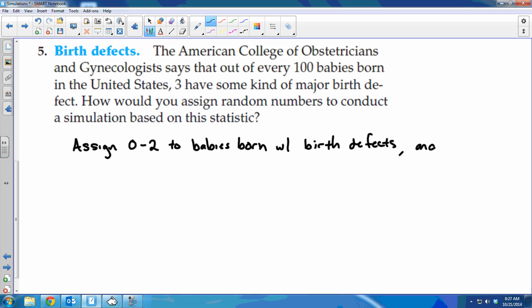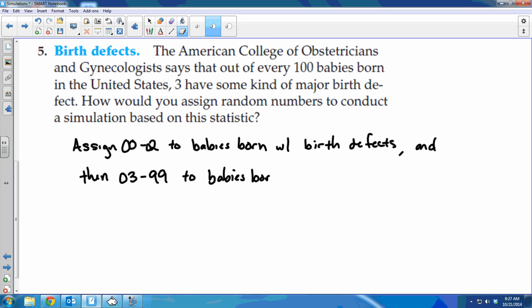And then what would you do with the rest of the numbers? Since we're going to use up to 99, you have to use double digits. So 03 to 99. Again, I don't know why I can't spell born.